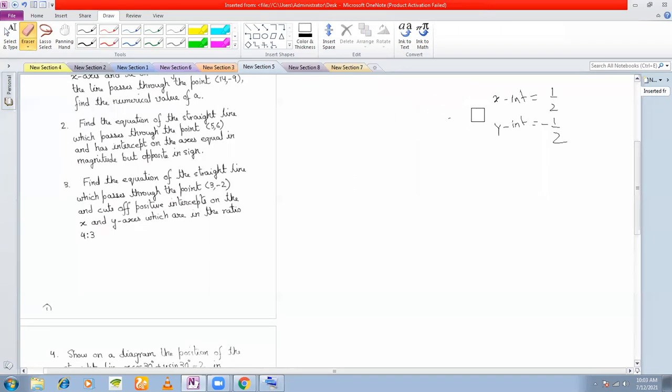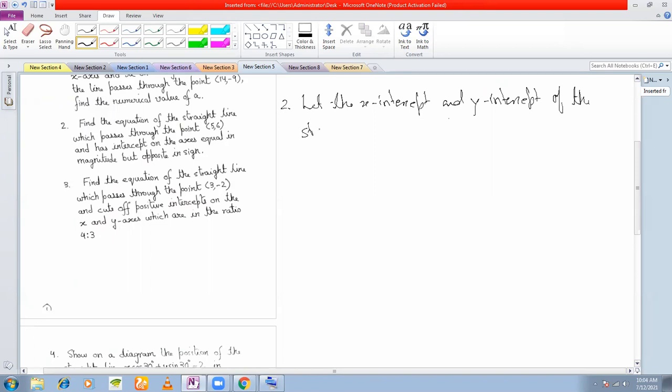So what can I do here? I can let the x and the y-intercepts be plus a and minus a. Let the x-intercept and y-intercept of the straight line be a and minus a.